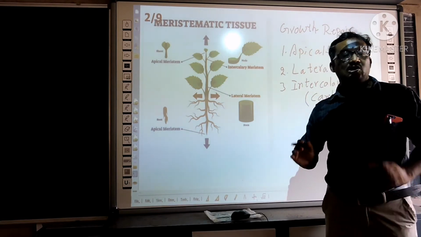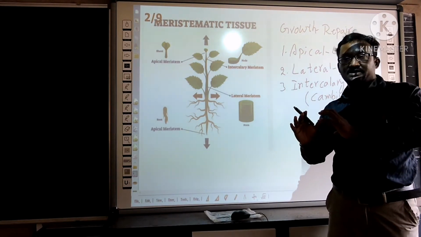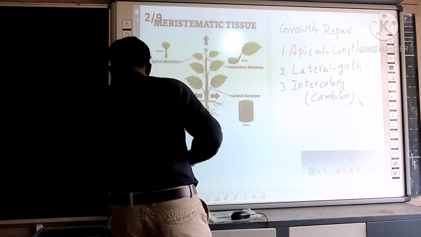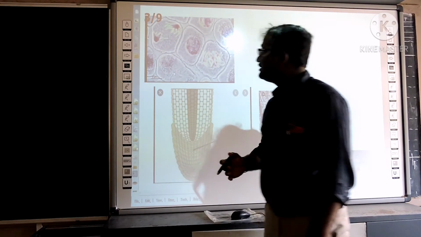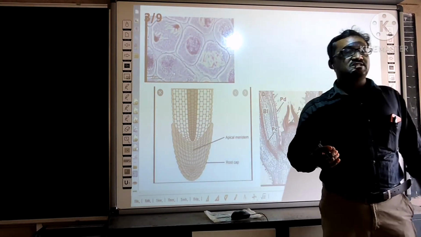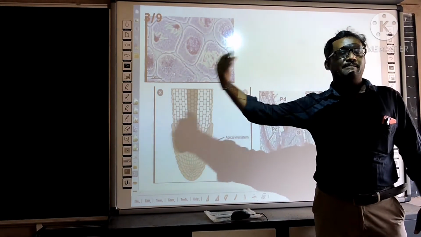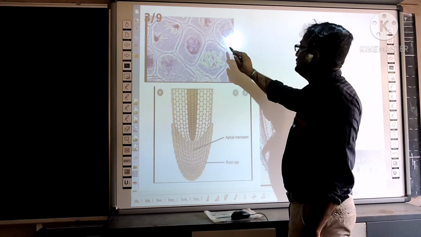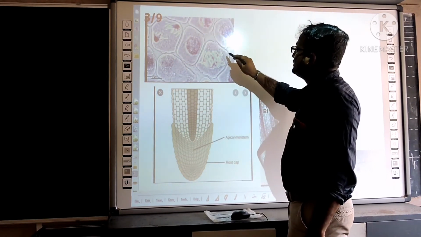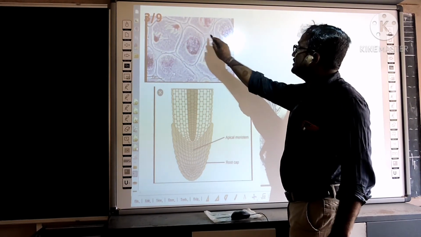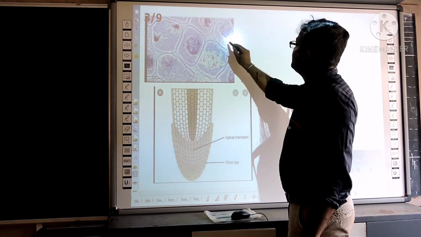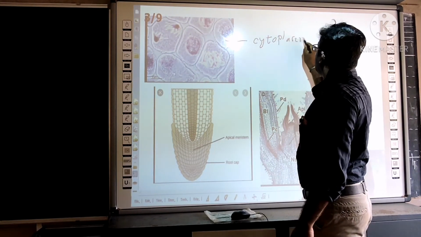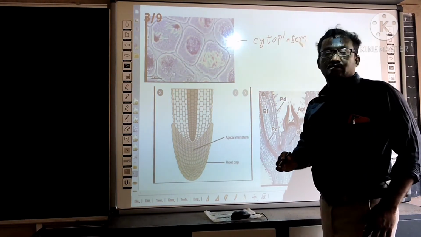Let us see how the cells of the meristematic tissue have different characteristics. The characteristics of meristematic cells are different when compared to cells in other tissues. If you observe, the cells of meristematic tissue consist of dense cytoplasm. Understand?